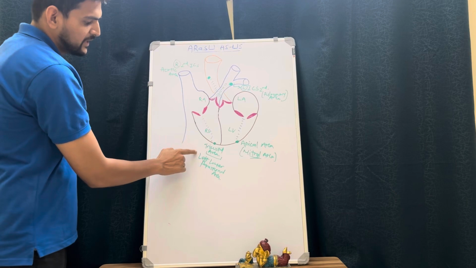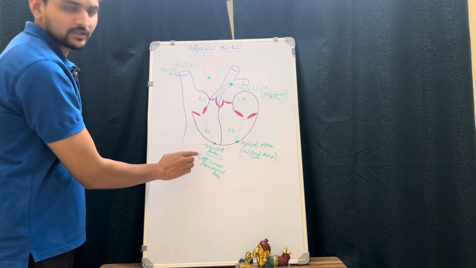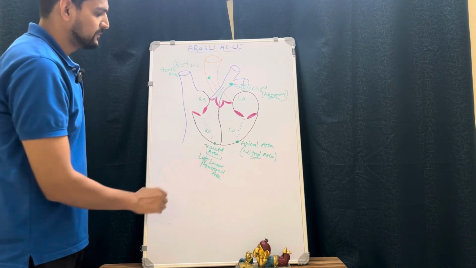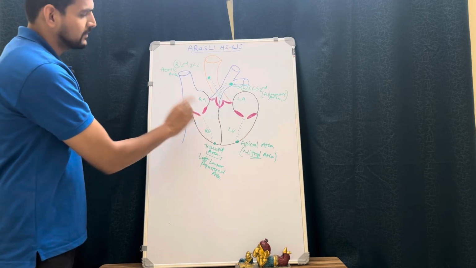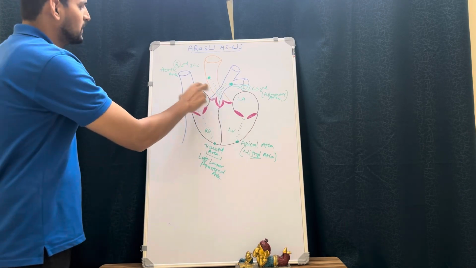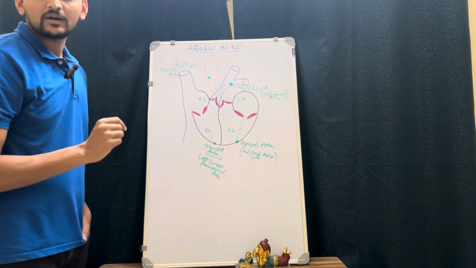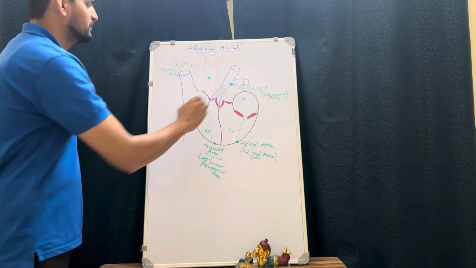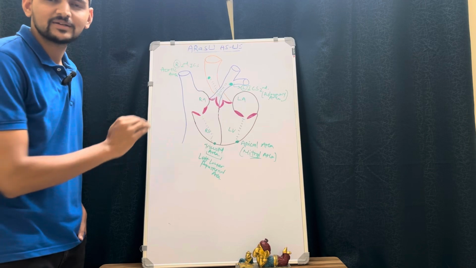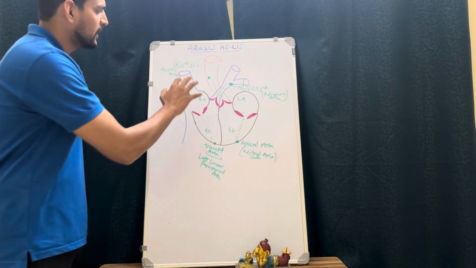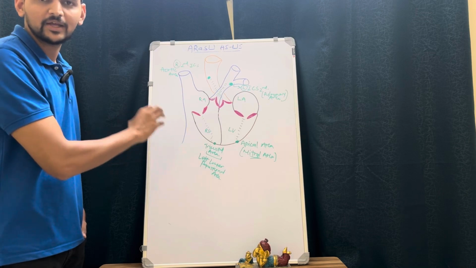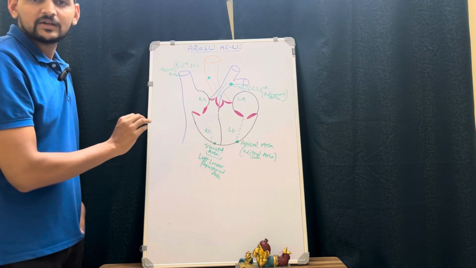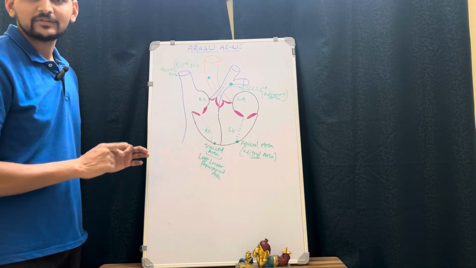Similarly, the tricuspid area is at the left lower parasternal area, and not exactly over the tricuspid valve. Similarly, the aortic area is at the right second intercostal space, and the pulmonary area is at the left second intercostal space. And again, those two areas will not exactly overlay the pulmonary and aortic valves. So this is the anatomy and its importance during examination.